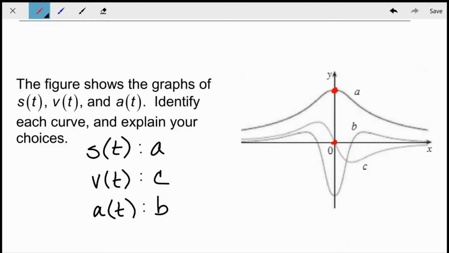So look at the velocity graph now, graph C. From the left side of the graph up to a little to the left of 0, you can see I've got a velocity that is increasing. That means that my acceleration graph should be positive. And you can see graph B is positive all the way to this point. Those points are matching up. And then on the interval from that point a little to the left of 0, over to a little to the right of 0, you can see that we have points that match up again where the acceleration should be negative.